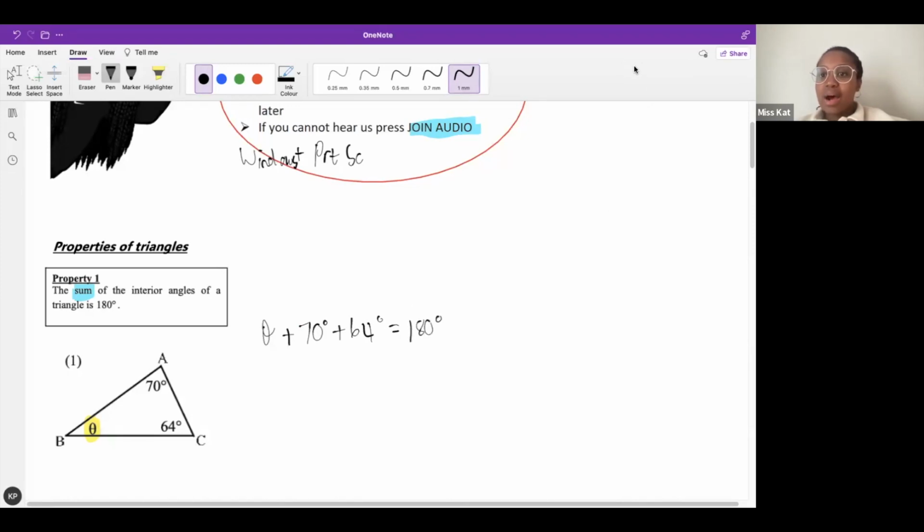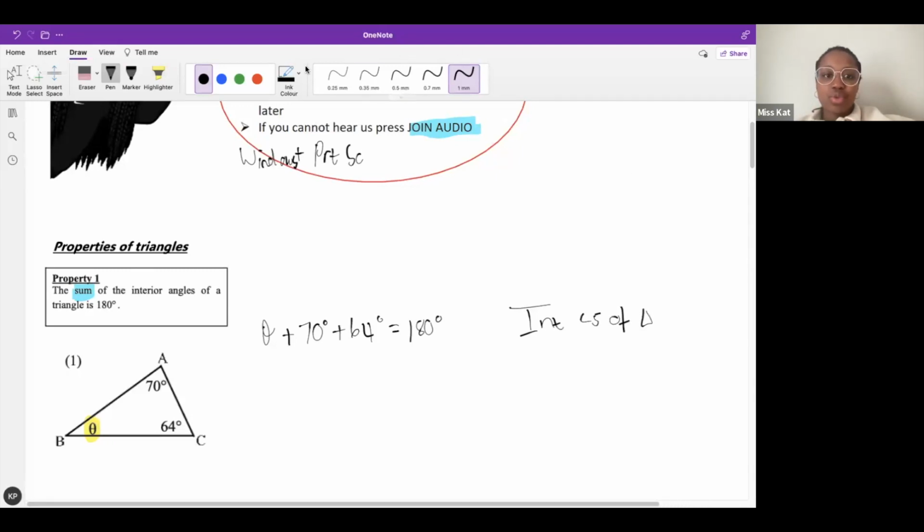Now, just like anything else in geometry, we always have reasons. So in this case, our reason will be: interior angles of a triangle.